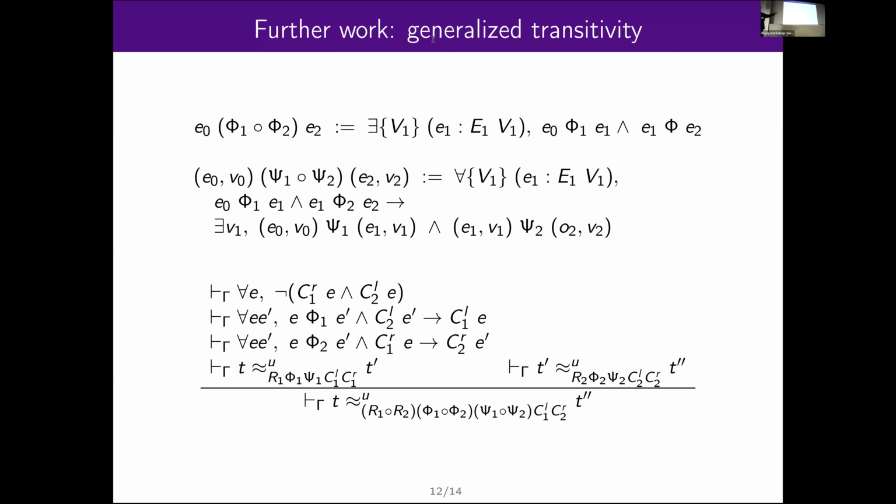This already, in a way, shows what the transitivity rule for equivalence up to tau looks like in its full generality. As a matter of fact, we haven't used it in its full generality, but you see that we've got some constraints on the way the cutoff predicates are related with each other.